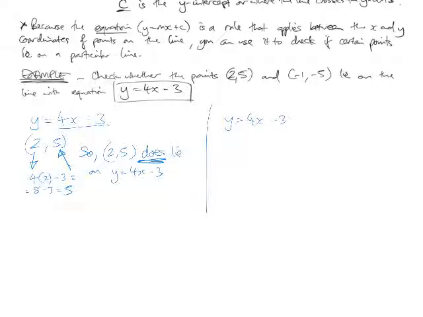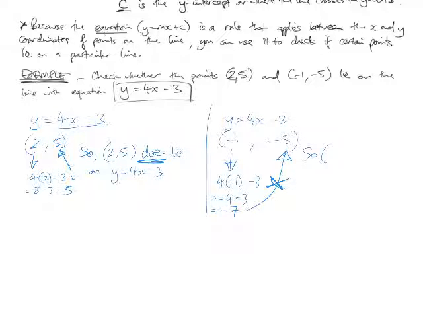We're being asked, does (-1, -5) lie on the line? Okay, let's see if it follows that rule. 4 lots of negative 1 take 3. 4 times negative 1 is negative 4, take 3, is negative 7. That is not equal to negative 5.